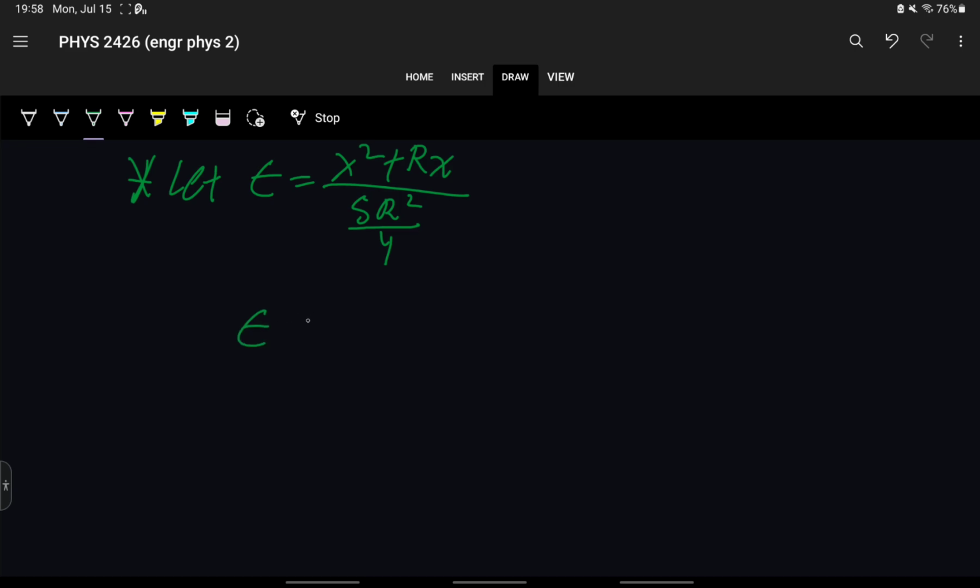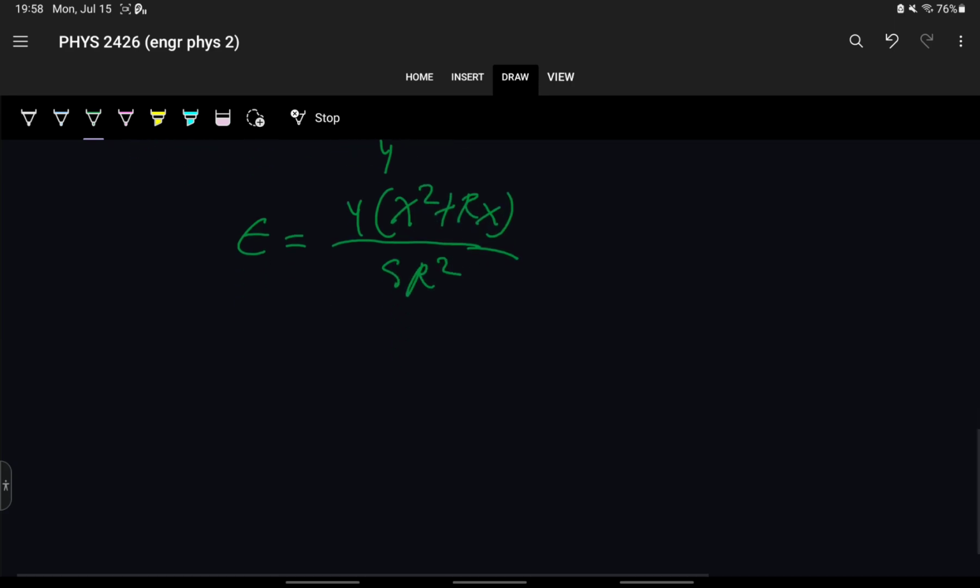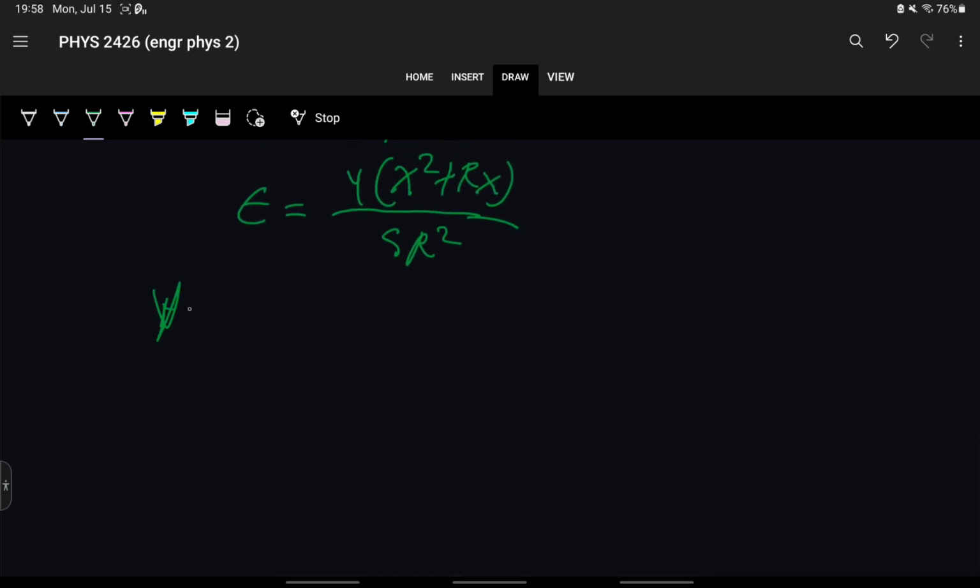We can simplify that again so that e is equal to 4 times x squared plus r times x all over 5r squared. So now let's expand up to the x to the 4th term.